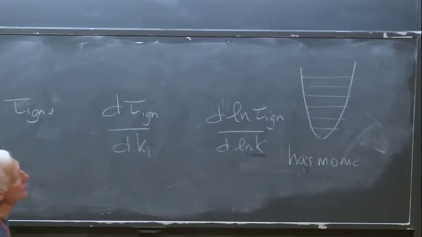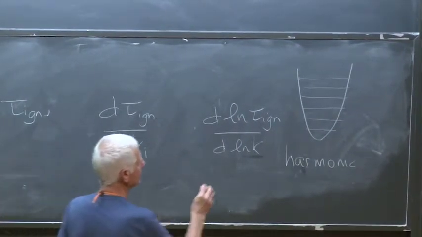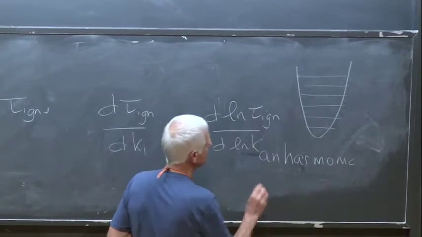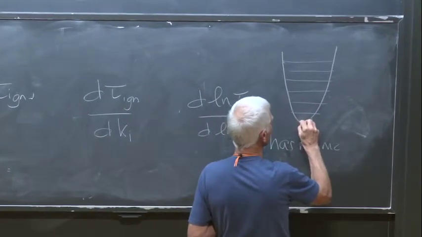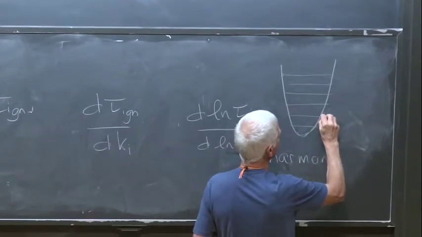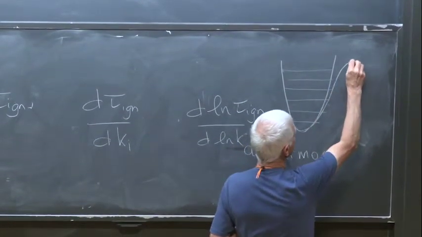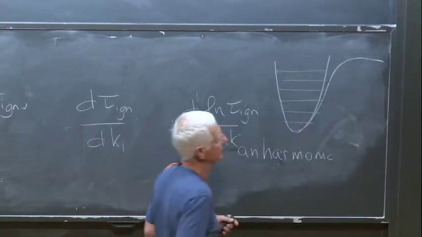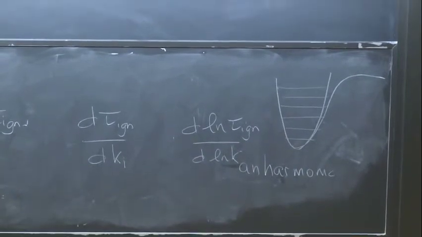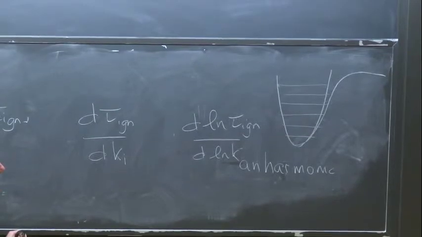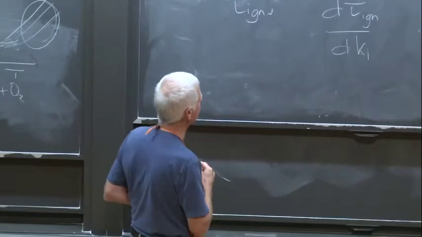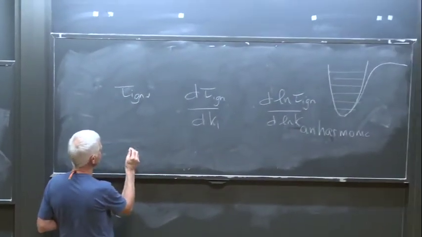But a real molecule is anharmonic. And so this curve here extends like this, and then the molecule can eventually dissociate. And that affects the energy levels. What we said was the energy levels are evenly spaced. We can write those energies.